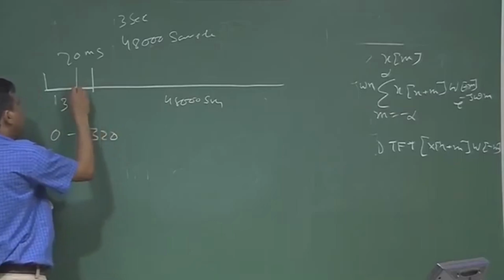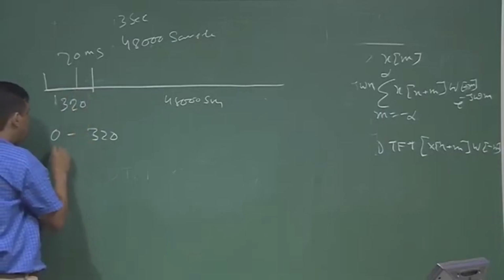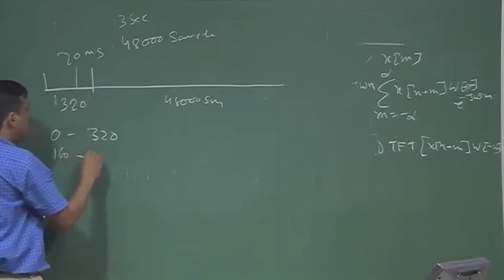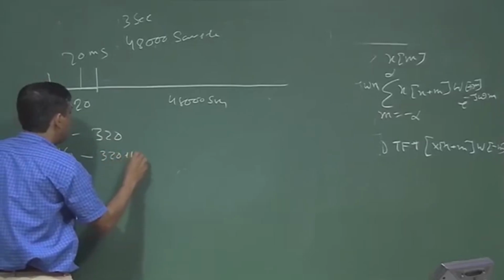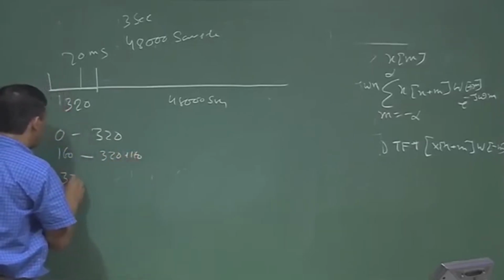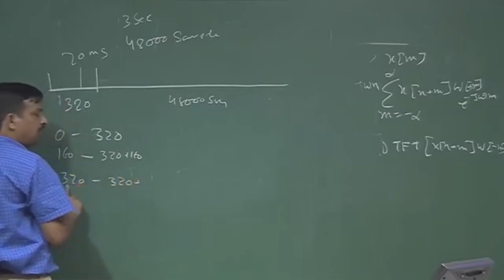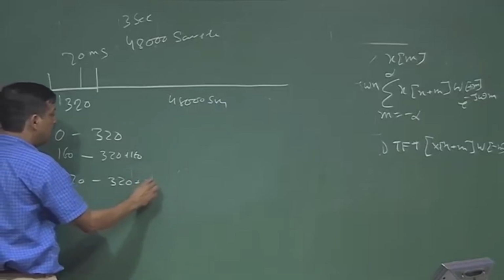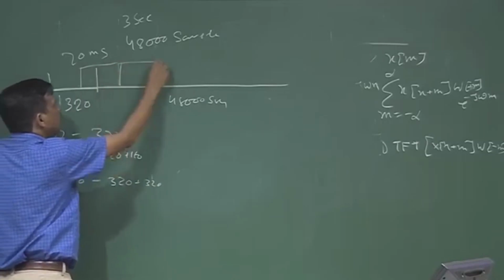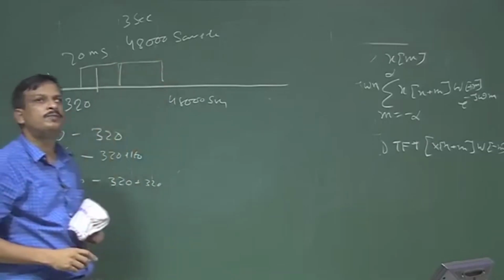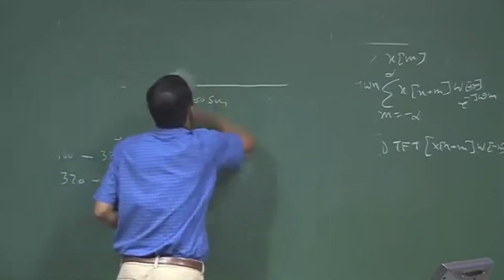For the next analysis window, I shift the window by only 10 millisecond, so 160 to 160 plus 320, and again 320 plus 160 onward. That way I shift the window with 50% overlap. I will come back to this later, briefly.